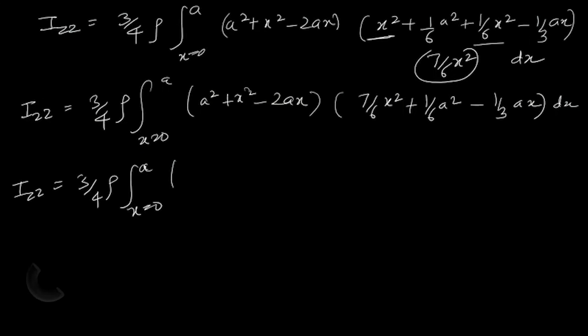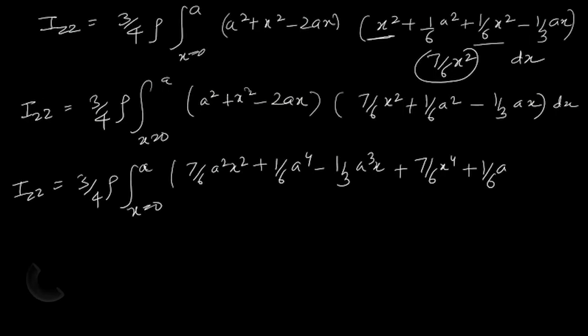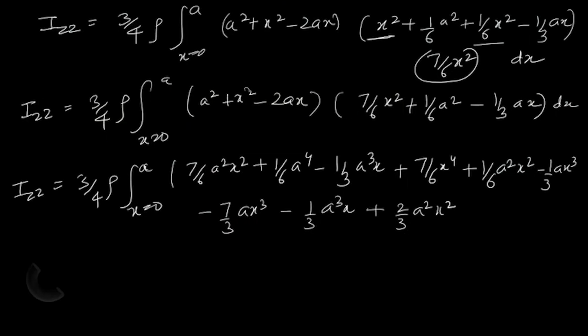Multiplying this, we will get 7 over 6 a squared x squared plus 1 over 6 a to the power 4 minus 1 over 3 a cubed x plus 7 by 6 x to the power 4 plus 1 over 6 a squared x squared minus 1 over 3 a x cubed. Then next, this is minus 7 over 3 a x cubed minus 1 over 3 a cubed x plus 2 over 3 a squared x squared, dx.